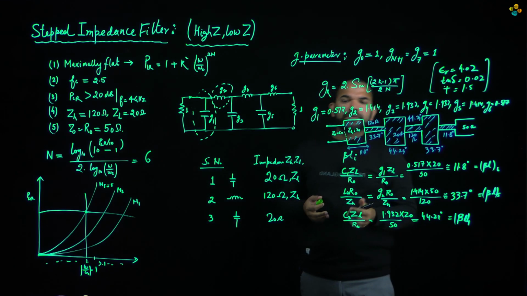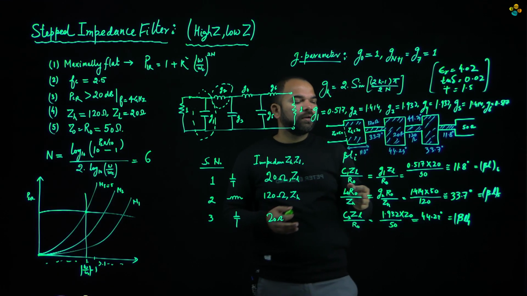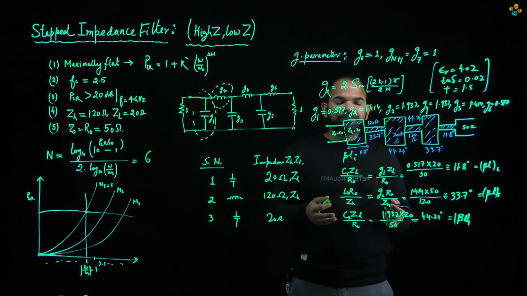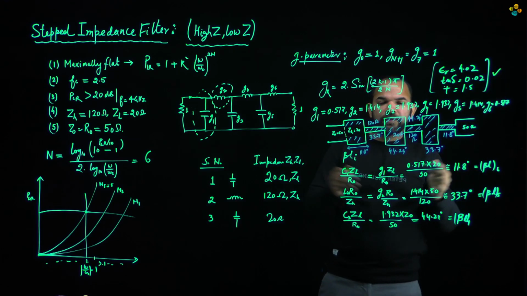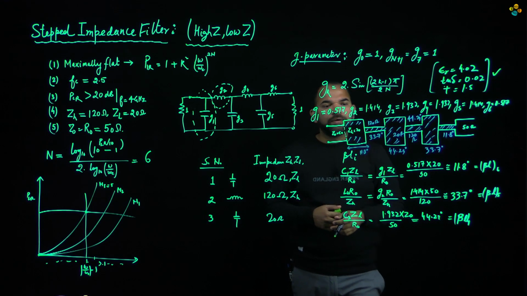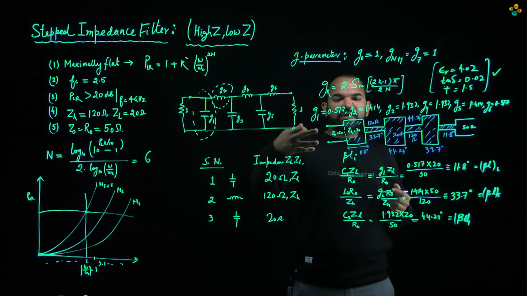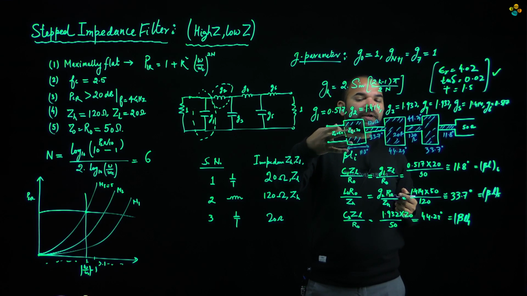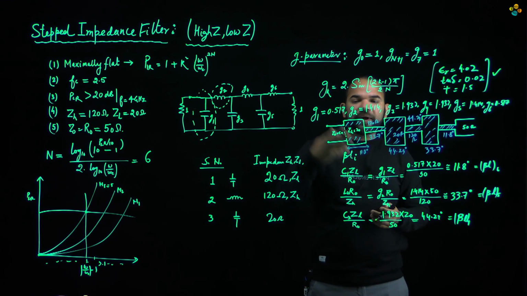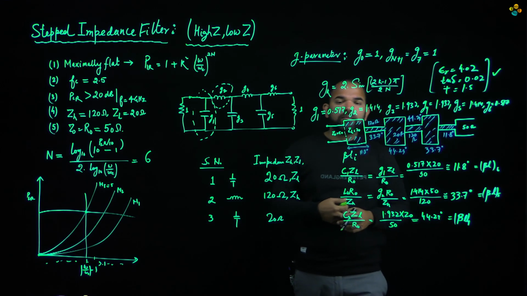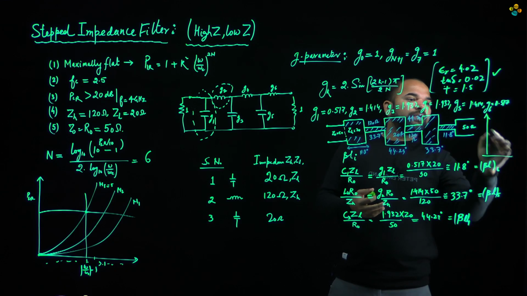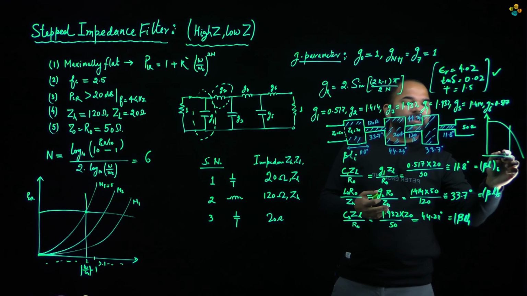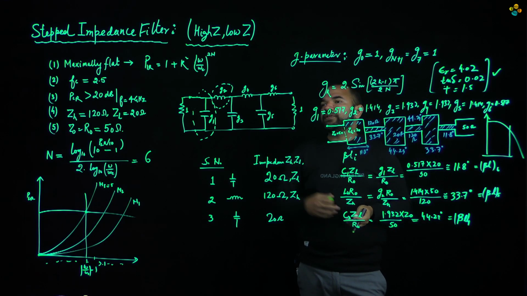So the next step is to design a distributed filter with these substrate parameters in a microstrip line, and you can put these transmission lines with that equivalent electrical length and width with the transmission line formula, and try to see whether you are getting a low pass filter response something close to the cutoff frequency that we have designed.